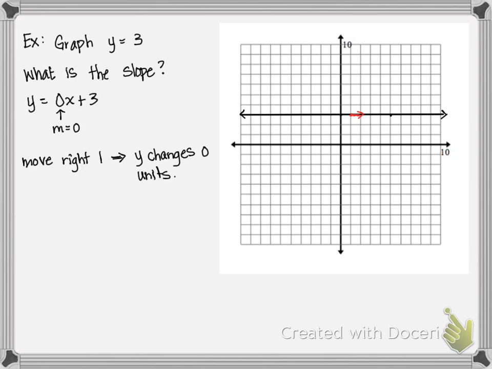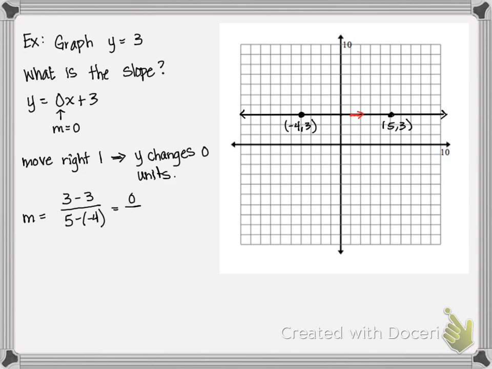And then we can also look at it in terms of a couple points. So if I pick 2 points on this line, negative 4, 3, and 5, 3, I can use my formula for slope to calculate the slope of the line. So m is equal to 3 minus 3 divided by 5 minus negative 4.